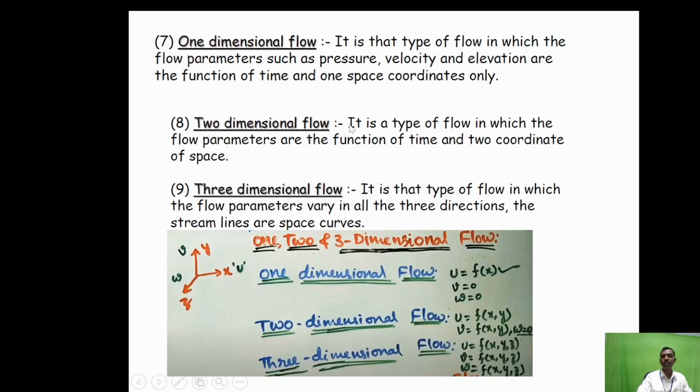Two-dimensional flow is the type of flow in which the flow parameters are functions of time and two space coordinates, that means the x and y coordinates. Three-dimensional flow is the type of flow in which the flow parameters vary in all three directions, the streamlines or space curves.